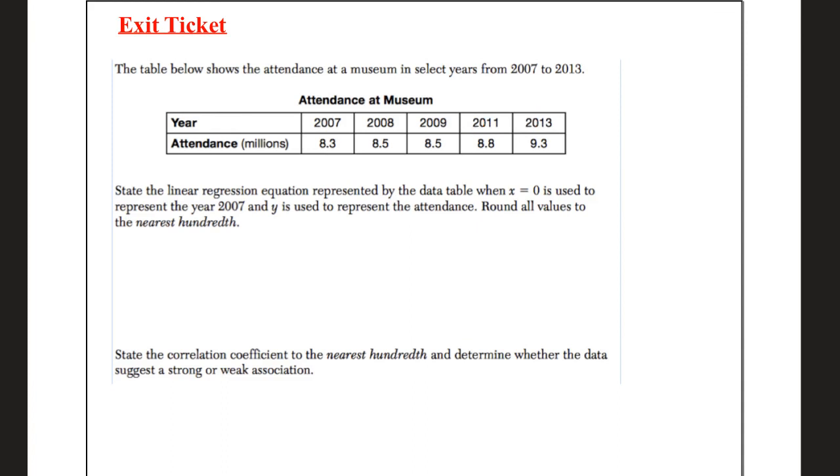If you did this correctly, your regression equation to the nearest hundredth should be 0.16x plus 8.27. Sometimes they do this with years in statistics. They don't want the numbers to be quite as large, and they're treating the beginning of the survey as 0. Just be careful because it skips over 2010, so no 4, and it skips over 2012.